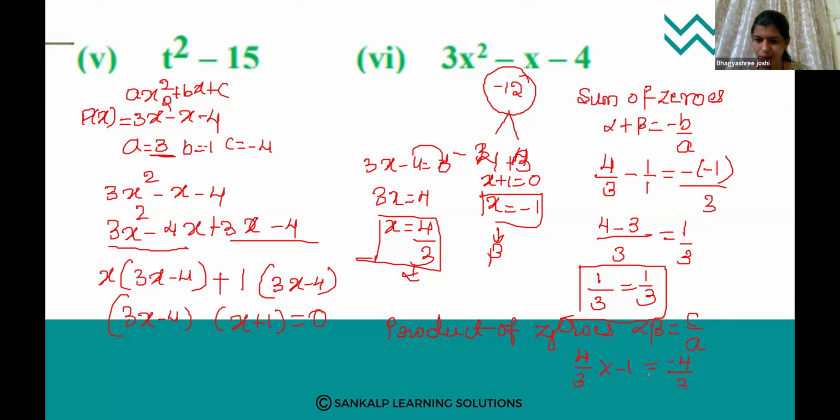A value is 3. 4 into minus 1, that's equal to minus 4 divided by 3 is equal to minus 4 divided by 3. Here also LHS part is equal to RHS part. Both are same. Then the relationship holds. Do you have any doubt?